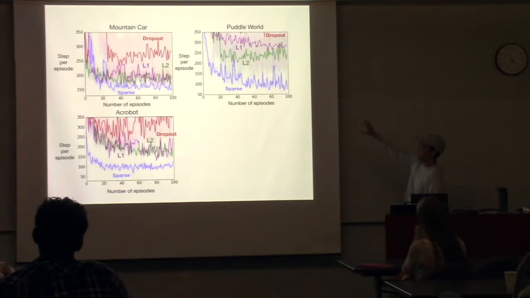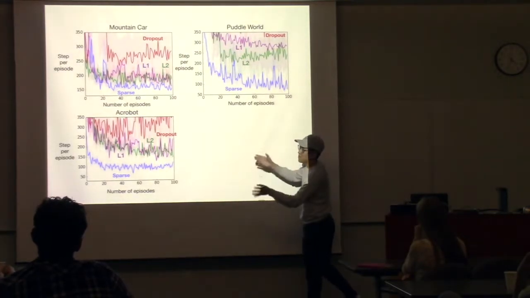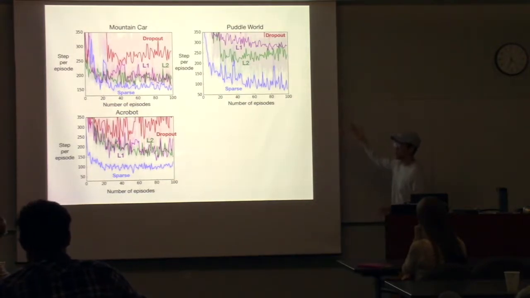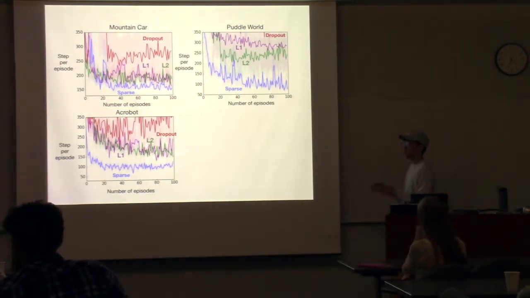Because it's a fairer comparison. If we run sparse neural nets in two stages, we should also compare neural nets with two stages. And actually, pre-training the neural nets will provide some benefits. If you train L2 neural nets online, I don't think you can learn anything in the first episode, which is always 1,000 steps.